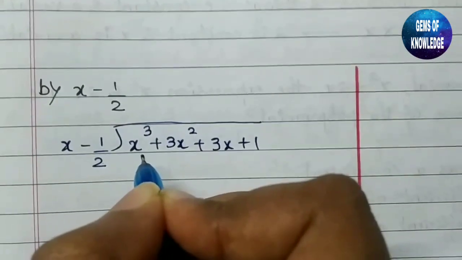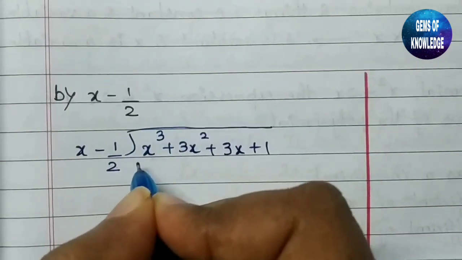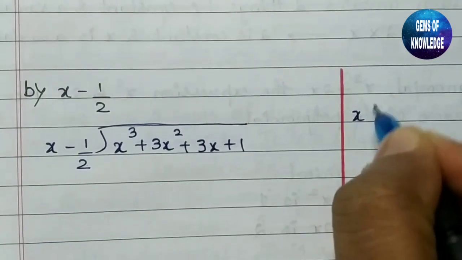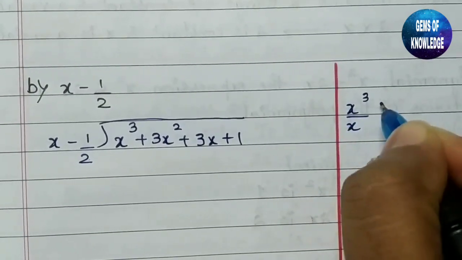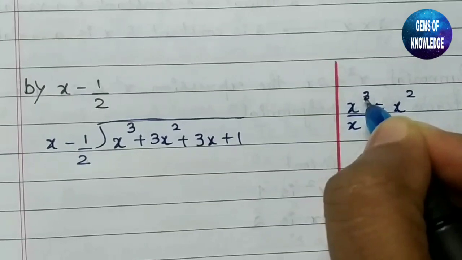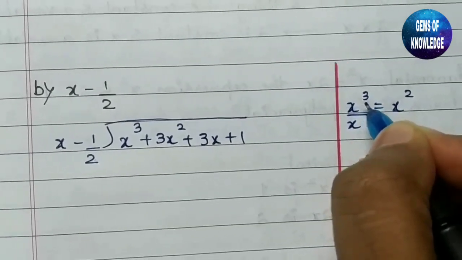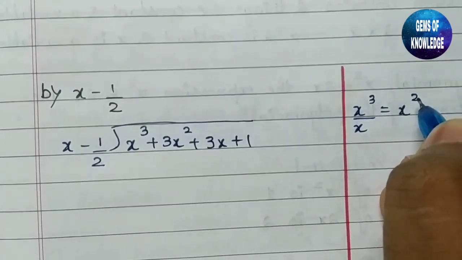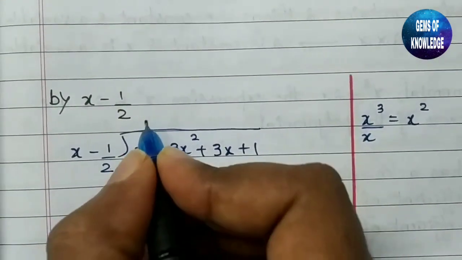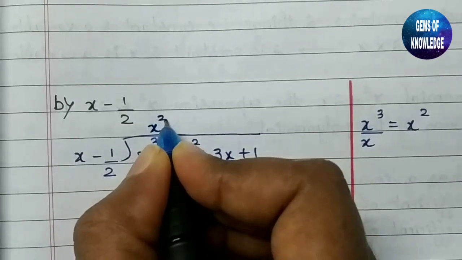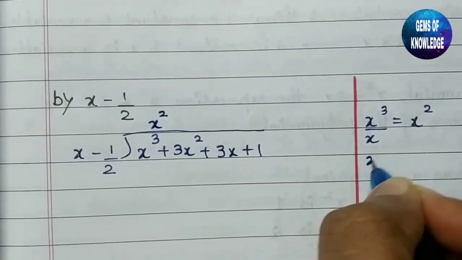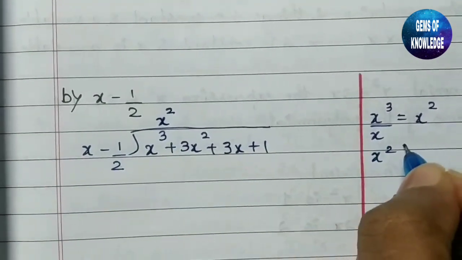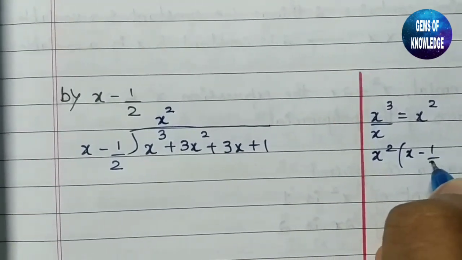So what we need to do here is take this x cube and divide it by this x. So x cube divided by x gives x square. So that x square must be written over here. Then this x square must be multiplied with x minus half.